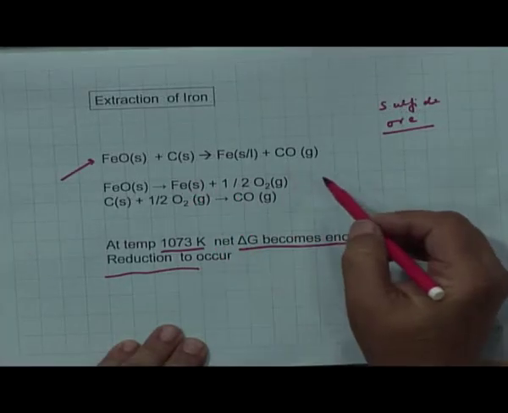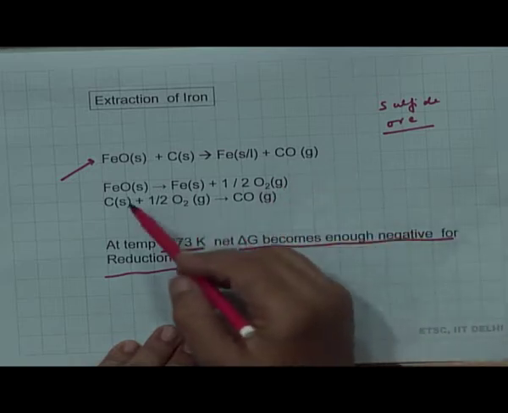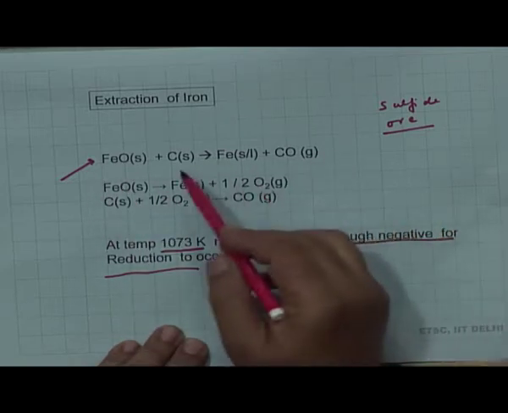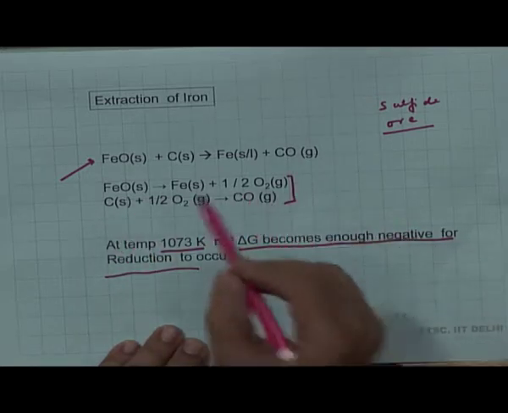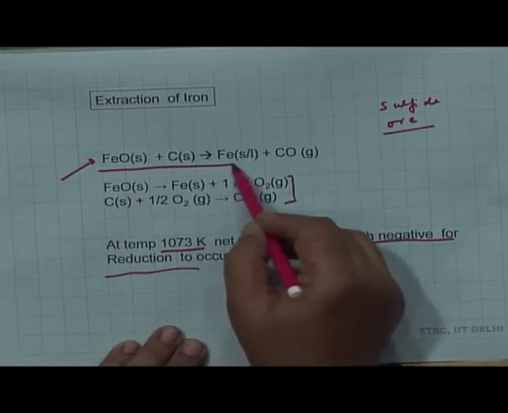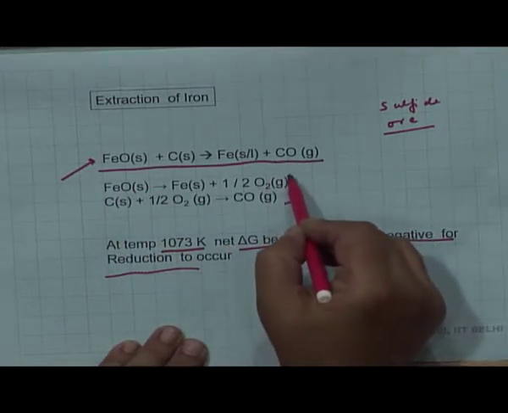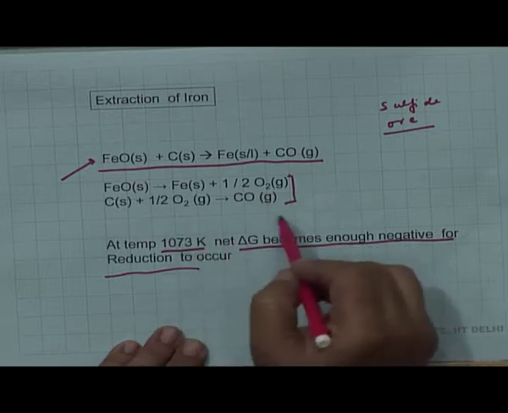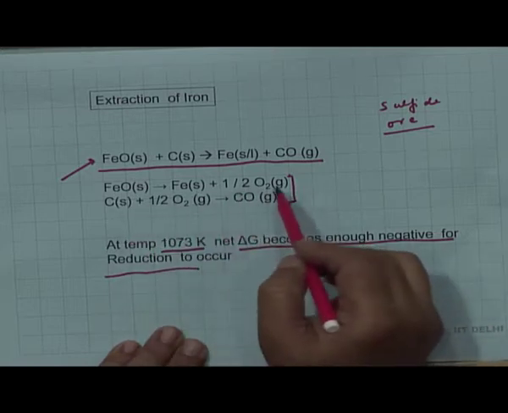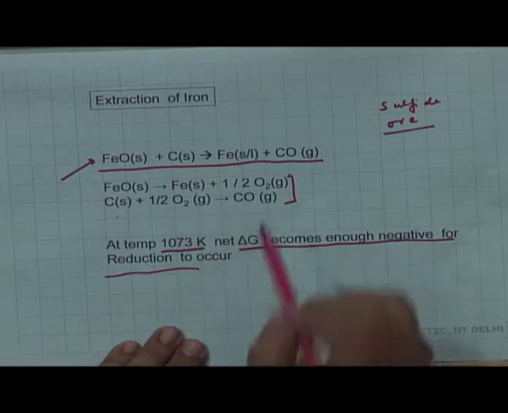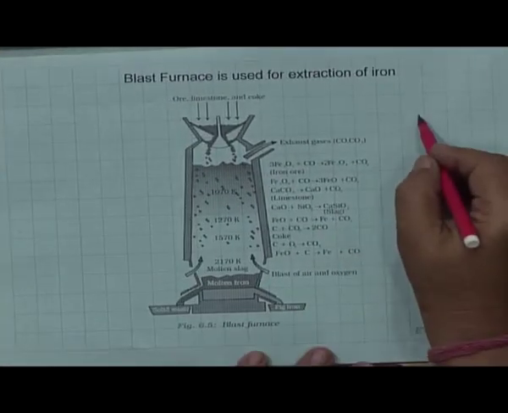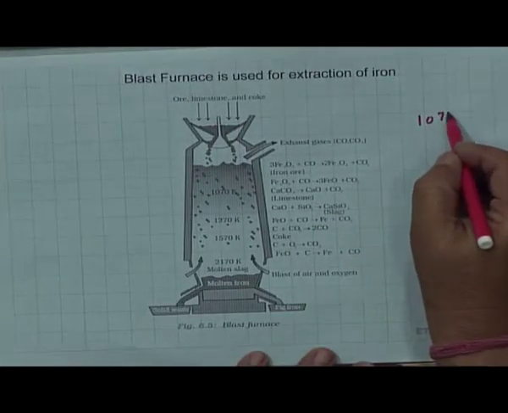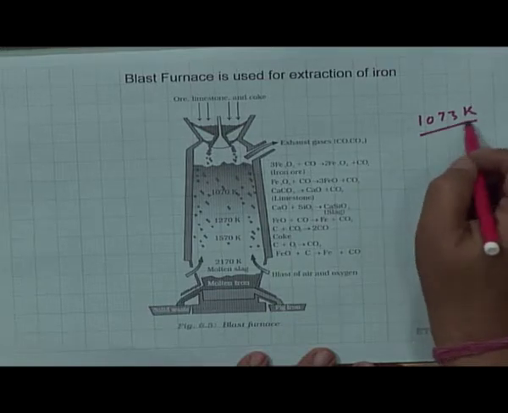So, the reactions which occur can be written like this. These are the two separate equations you can write, and this is a combined equation you can write. So, this represents the two equations separately, where oxygen is taken away by this reducing agent. Now, how do we do it? This reduction we cannot do, mind it, unless you have a temperature above 1773 Kelvin.